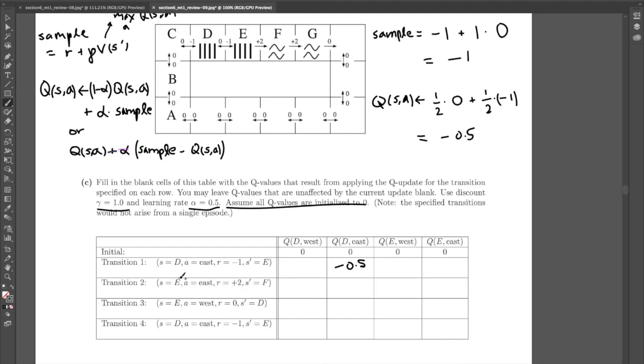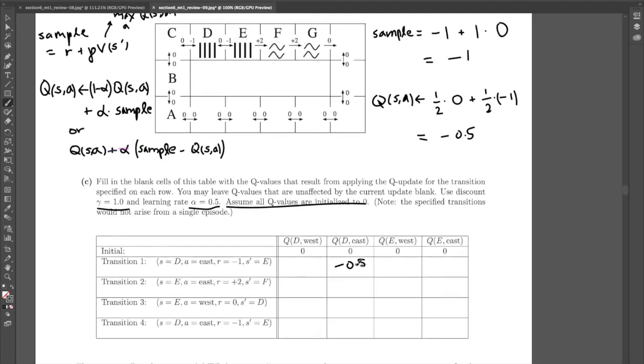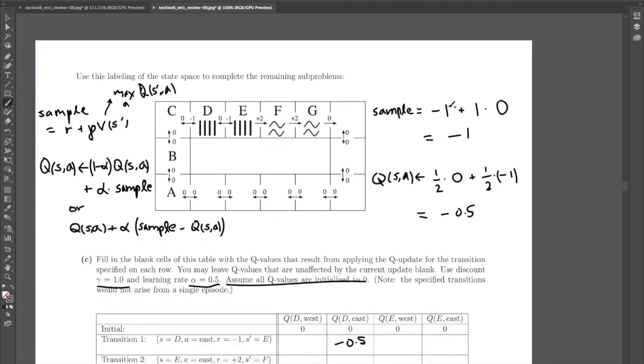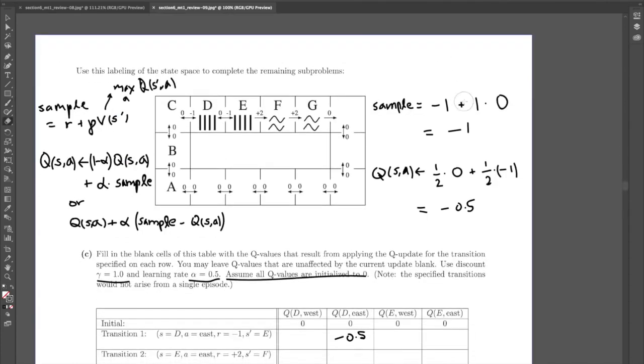Okay, transition 2. So the reward you get is +2. You're going from state E to state F. The action taken is east. So let's replace each of these quantities up here with the relevant new quantities, and let's calculate what the answer is. So the sample: we have a reward of 2, plus gamma is still 1. What is the max over Q values of the successor? Successor is F. F's values have not been changed so far, which means they're still 0.